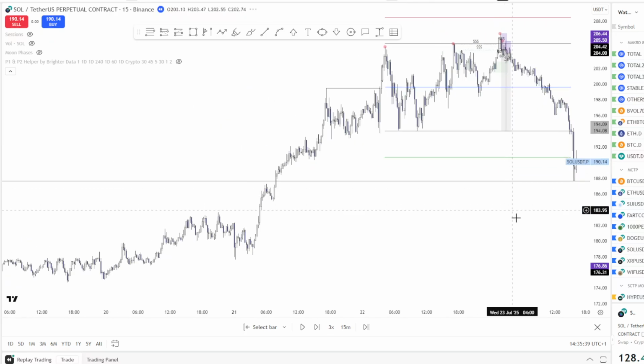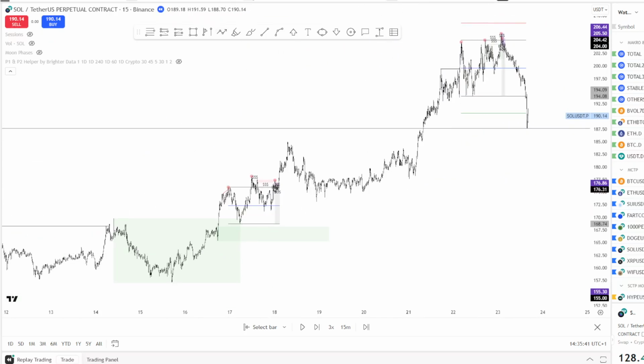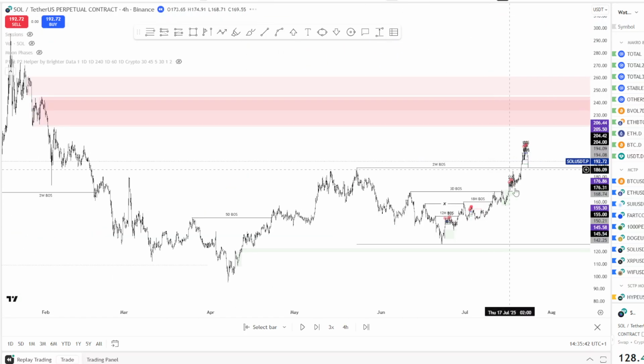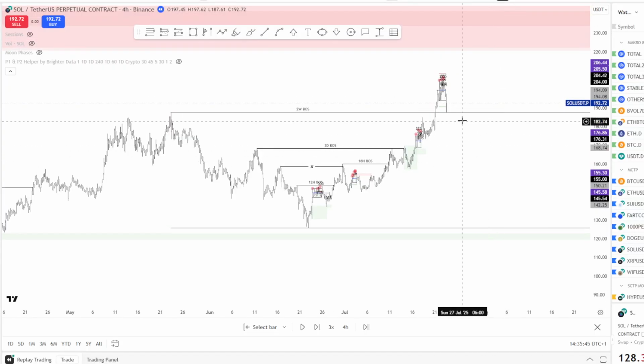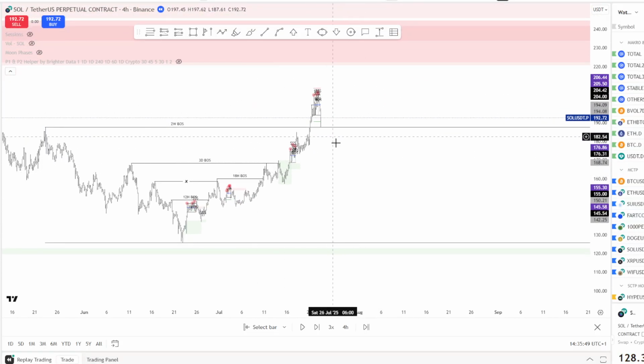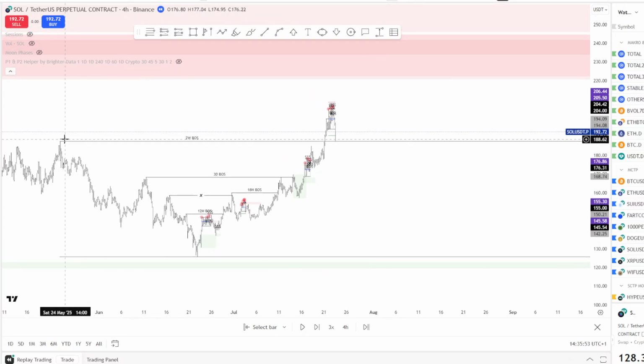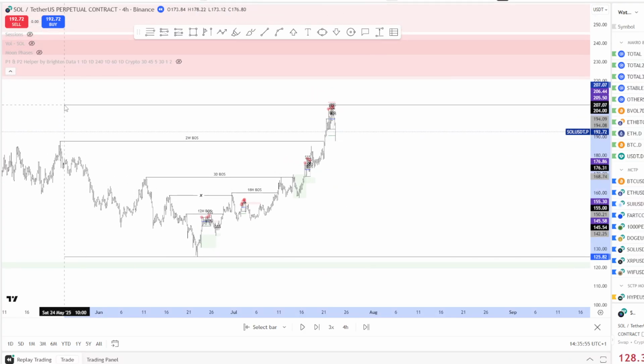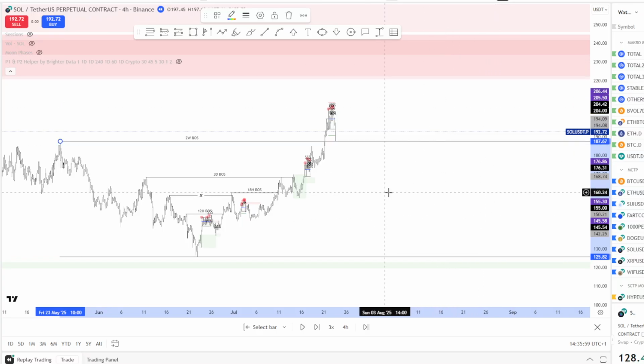Let's move on. So what would be nice is if we get a move inside of the range, maybe a deeper move into the range, and maybe we get some sort of model 1 going into the supply.